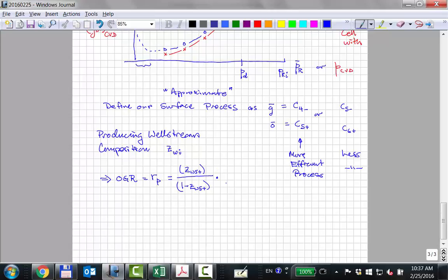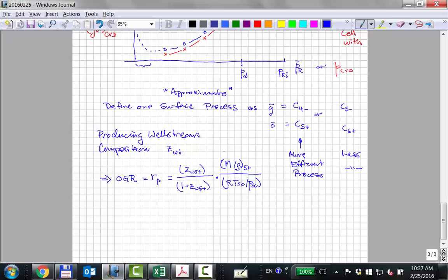Times this RT_sc over P_sc, that converts moles to volume in your favorite unit. And to convert moles of the surface oil to a volume, we need to multiply by the molecular weight and divide by the density at standard conditions of that C5+ material.